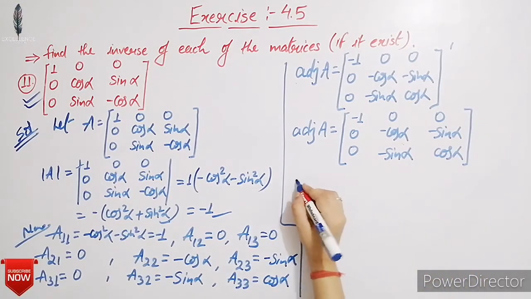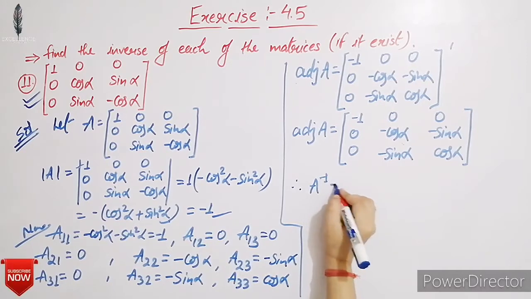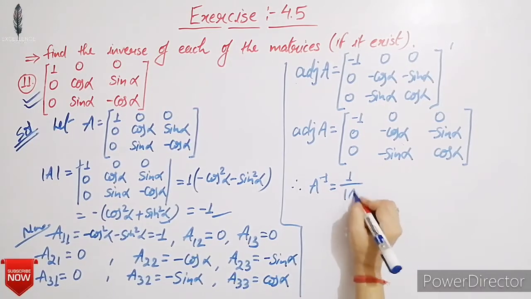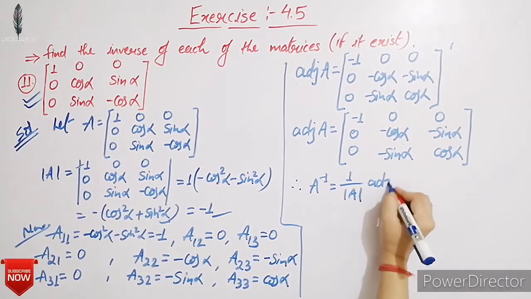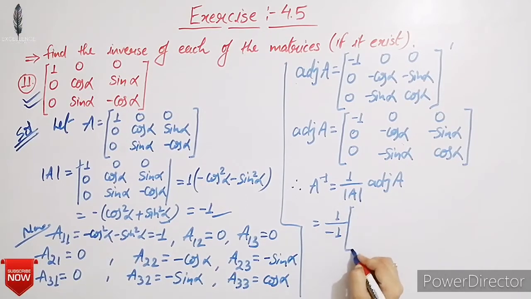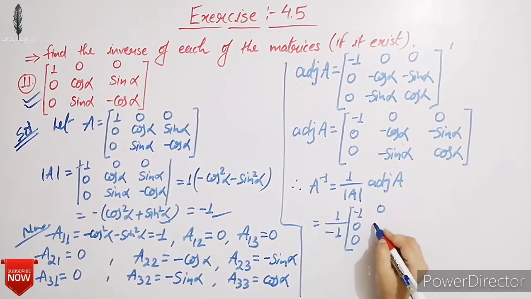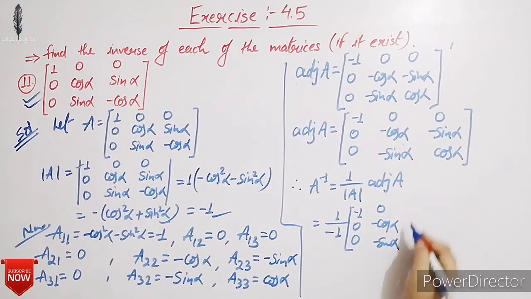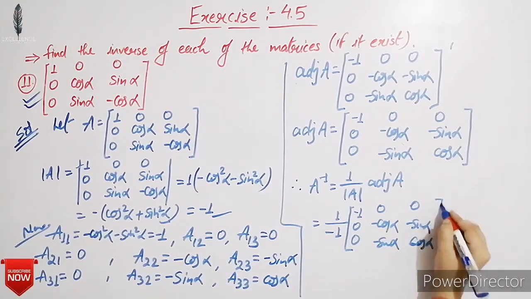Both are same here. And so A inverse is equal to 1 by determinant of A into adjoint A. On putting these values, we have 1 by minus 1 into the value of adjoint A, that is minus 1, 0, 0, 0, minus cos alpha, minus sin alpha, and C3 is 0, minus sin alpha, cos alpha.